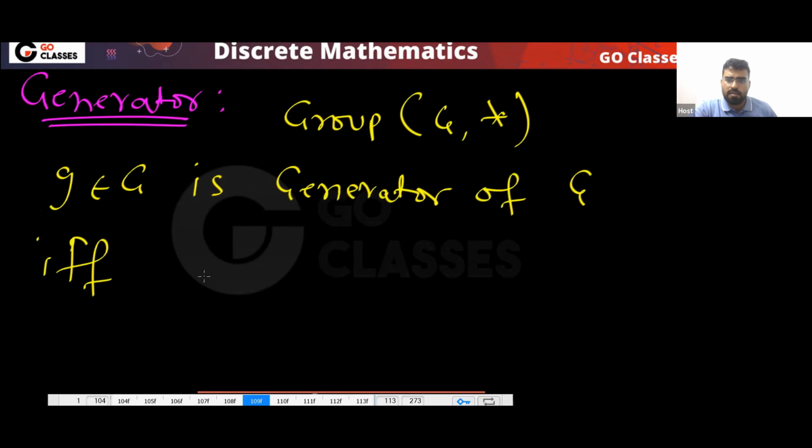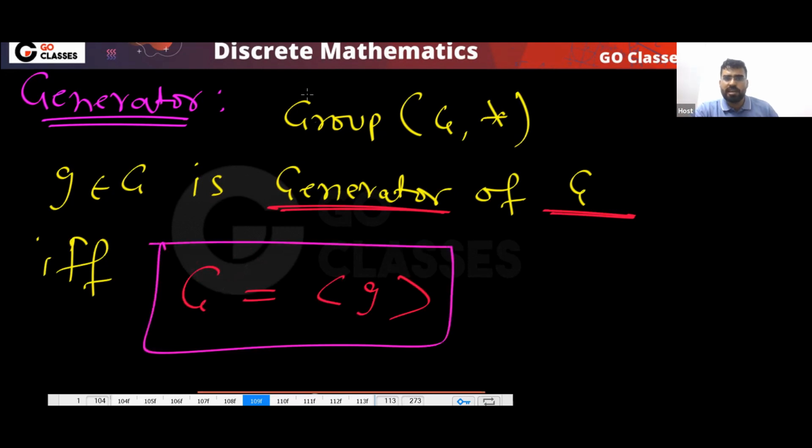It means it can generate G. Then I can say G is equal to the subgroup generated by g. Yes or no? Subgroup generated by g means g can generate everything. So G itself is equal to the subgroup generated by g. This is the definition of generator.